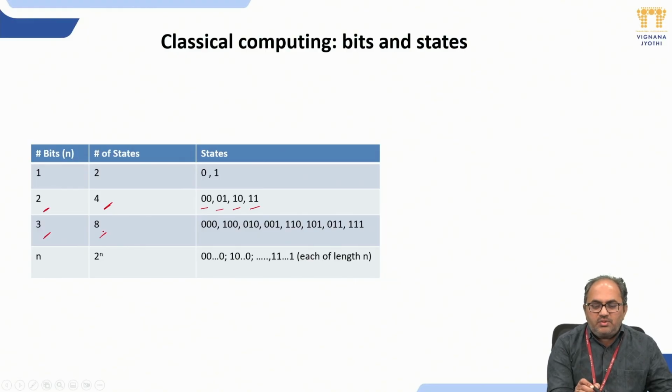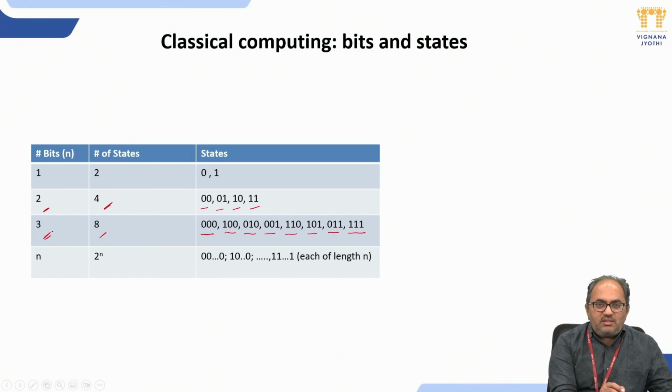You see here, these are bit strings of length 3: 000 is one state, then 100, 010, 001, 110, 101, 011, and 111. 8 states I can generate using 3 bits.